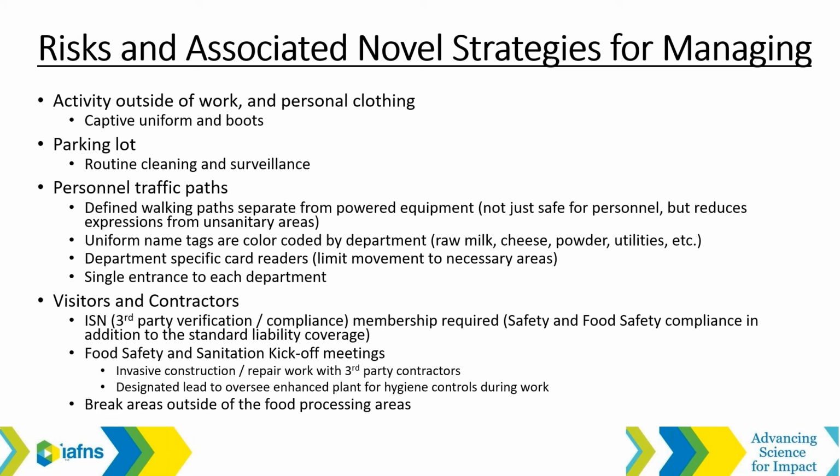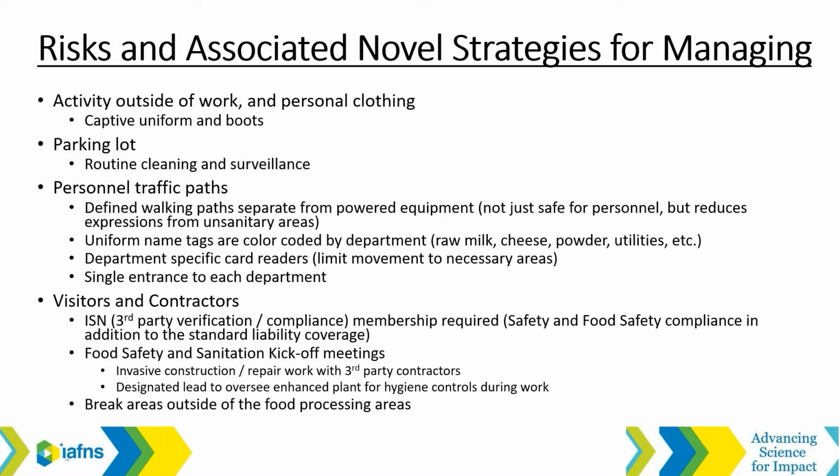Uniform name tags are color coded by department. For example, a milk department, which is raw, would have an orange name tag as a quick identifier. Cheese plants, which are more of a wet process with daily cycling for sanitation, a different color. Powder, and utility as well.